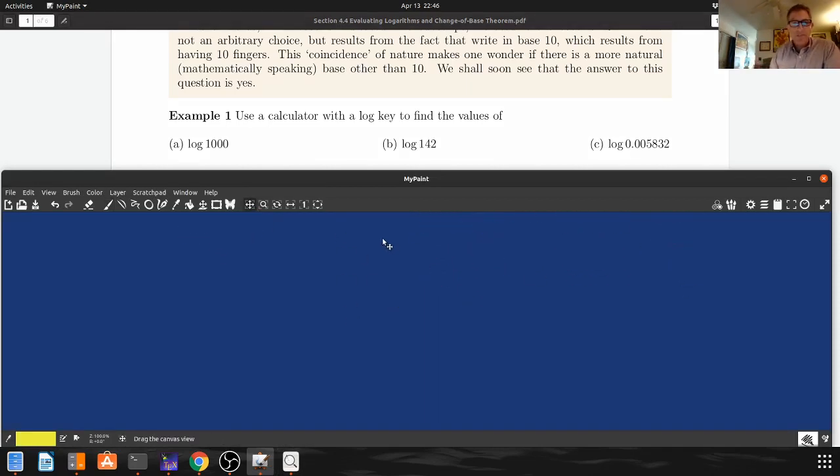All good and well except that first one. We can actually figure out the answer to A without using a calculator. Remember, log of 1000 is the same as log to the base 10 of 1000.